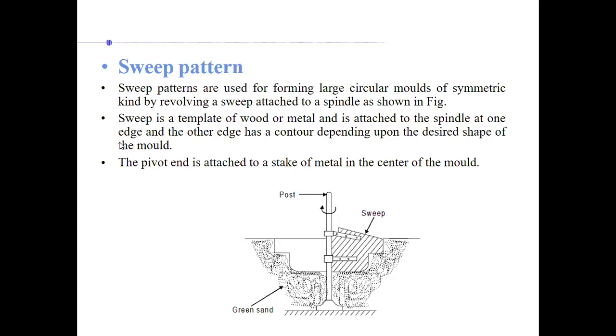That is attached to the spindle at one edge, and the other edge has a contour depending upon the desired shape of the mold. The pivot end is attached to a stake of metal in the center of the mold. Very simple. And this is only possible when you have symmetric casting, and not so when you have asymmetric. So that is another limitation of the sweep pattern: only when you have symmetric castings to be made can we use a sweep pattern.